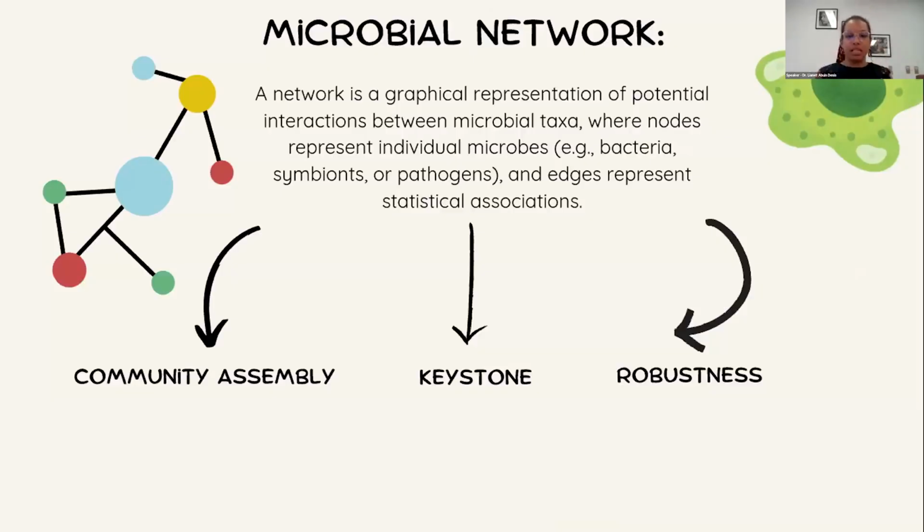In a graphical representation of a network, the nodes represent the microbes, and the edges between these microbes represent the interactions among them. That could be a positive association or a negative one. Biologically, we can say a positive interaction is a cooperation, and a negative interaction established in the network is a competition.